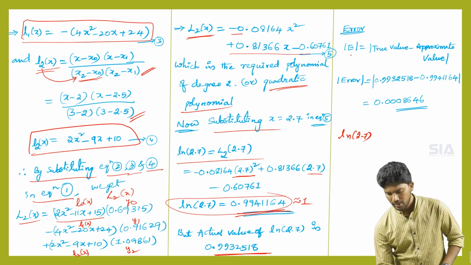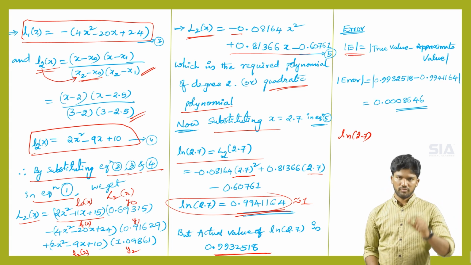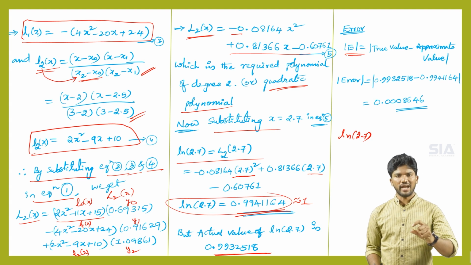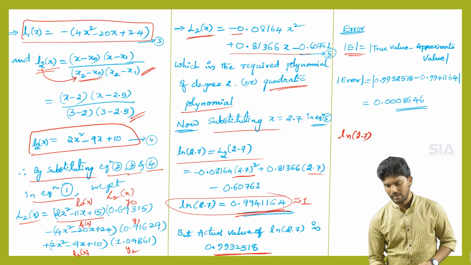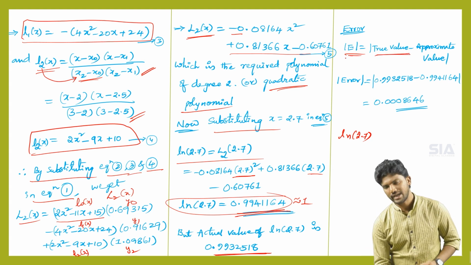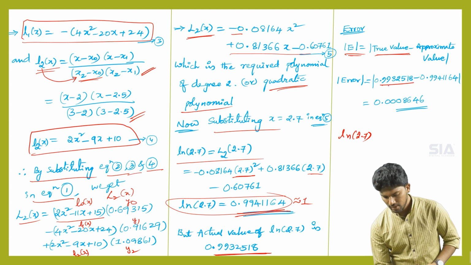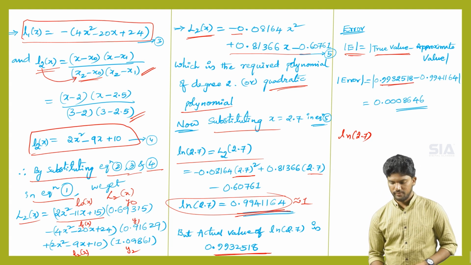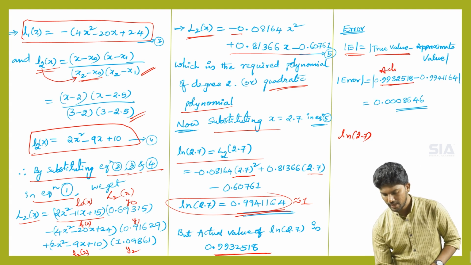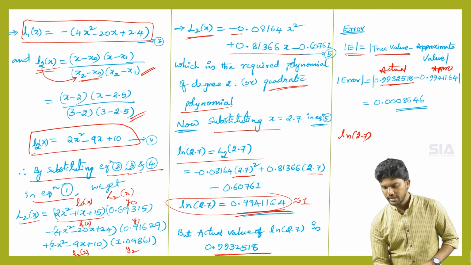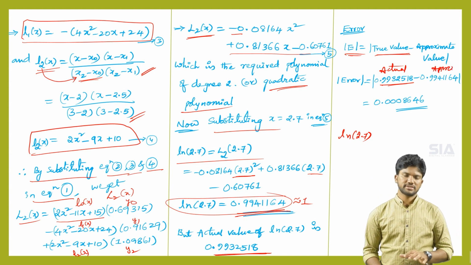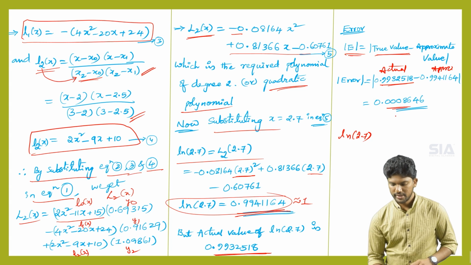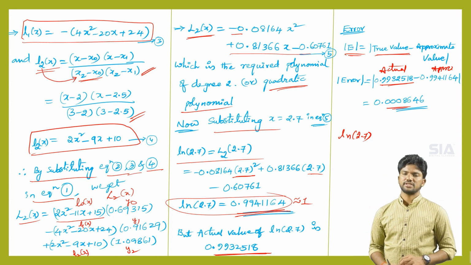So you can write that error is nothing but true value minus approximate value. The true value is the actual value, and this one is the approximate value. If you apply the subtraction, you will get 0.0008646.